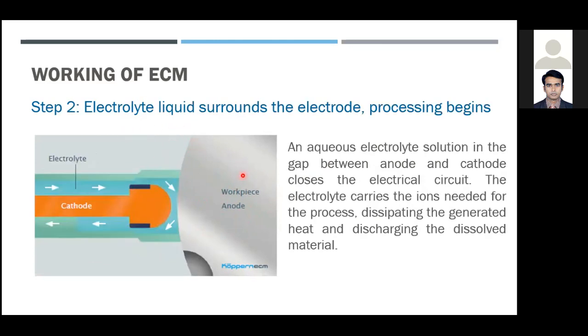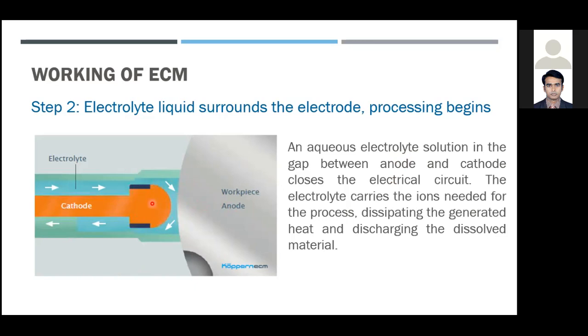In the second step, an aqueous electrolyte solution is placed in the gap between the electrode and the workpiece, which connects both the workpiece and the cathode. The electrolyte carries the ions needed for the process, dissipating the generated heat and discharging dissolved materials.